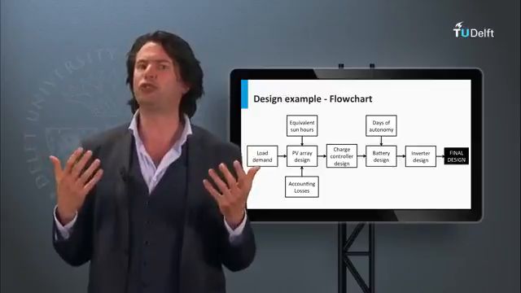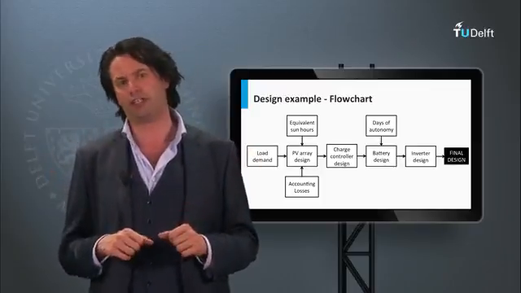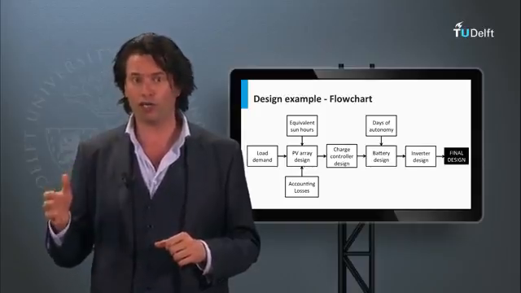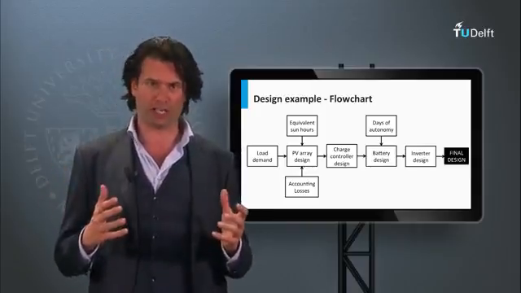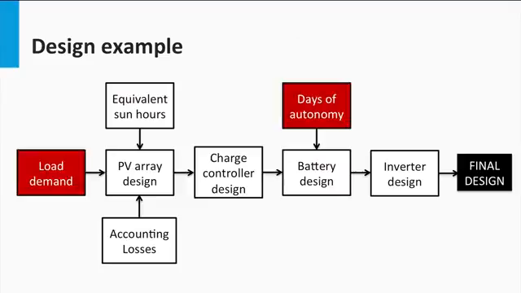I will introduce you to a simple flowchart that helps to design an off-grid PV system. We will walk through all the stages of this flowchart while considering an example. Let us first define the load demand that has to be powered with an off-grid PV system. The total days of autonomy required should also be specified.